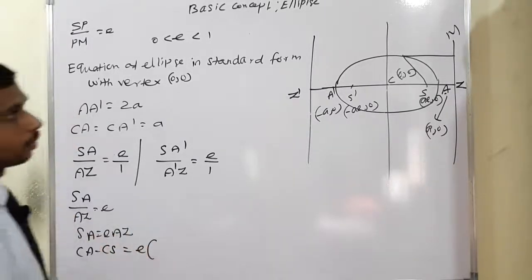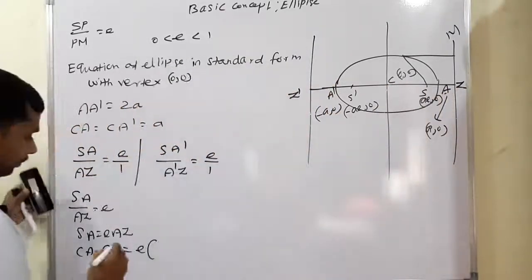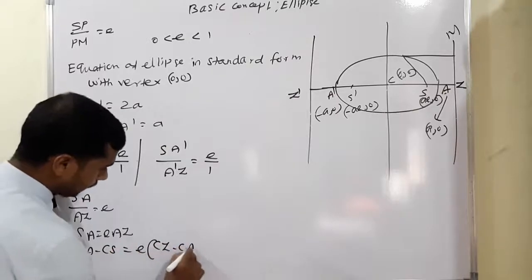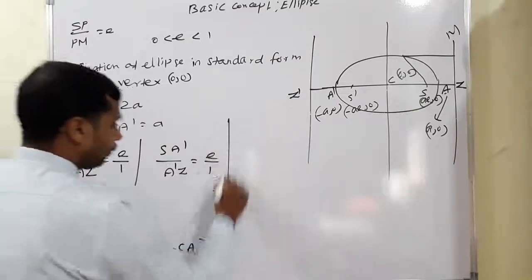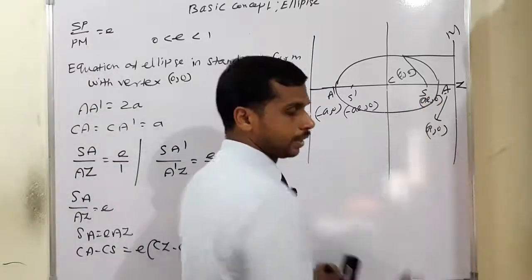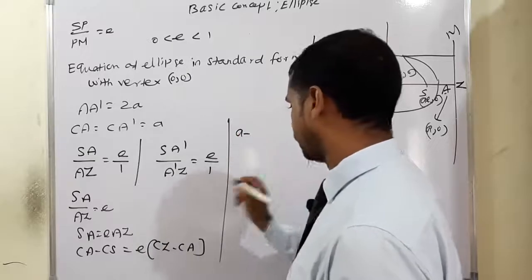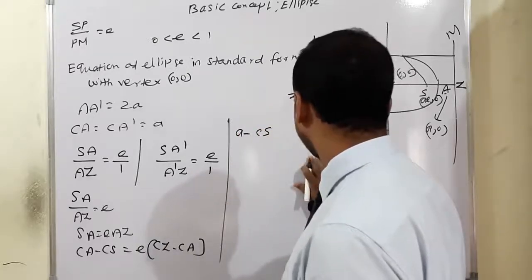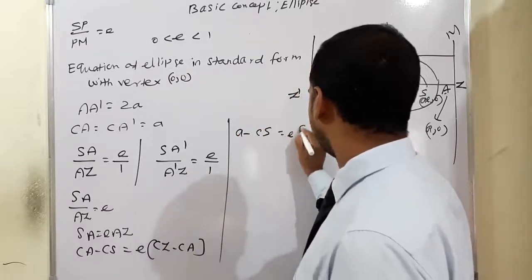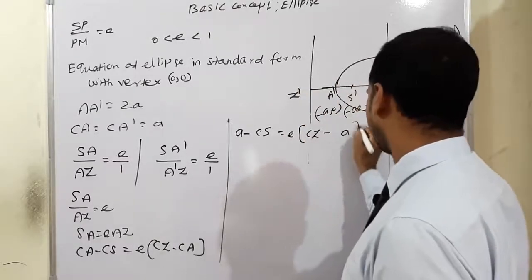Then AZ means CZ minus CA. Therefore, already we know the distance CA is the point (a, 0). Therefore we can take CA as a, minus CS as it is, is equal to e outside, then CZ as it is minus CA, that is a.